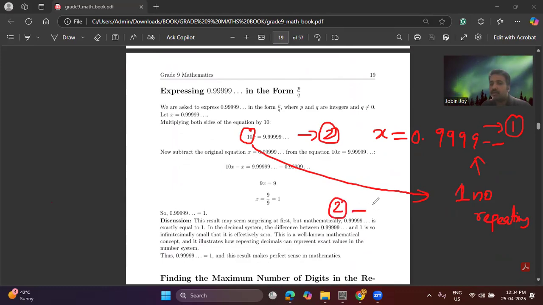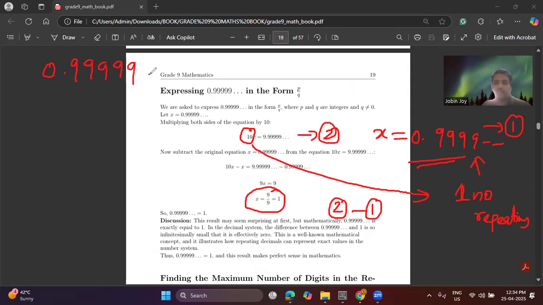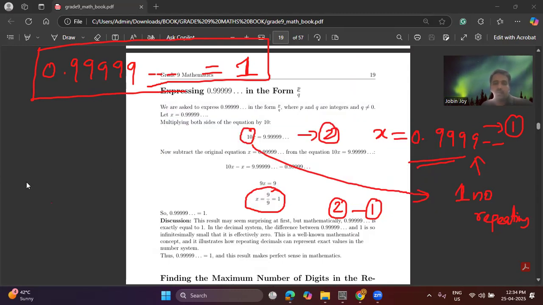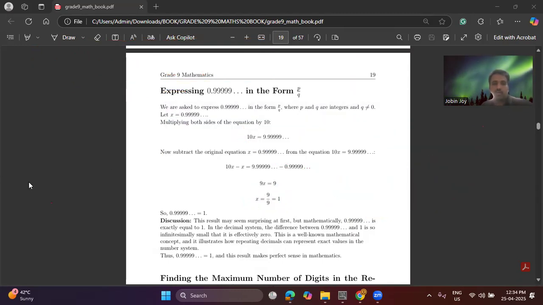When you subtract equation 2 minus 1, you will get x equal to 1. So the answer is 1. That means 0.9999, etc. will be equal to 1. This is a very good, very important point.